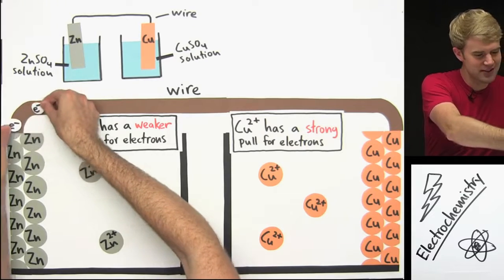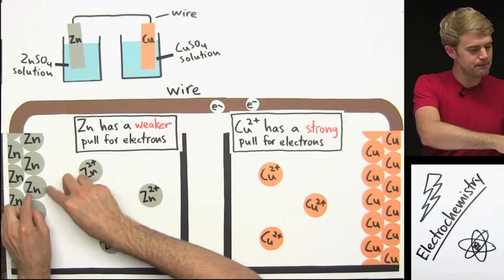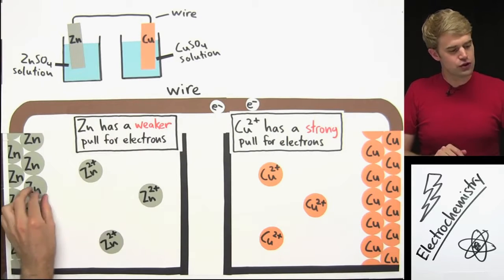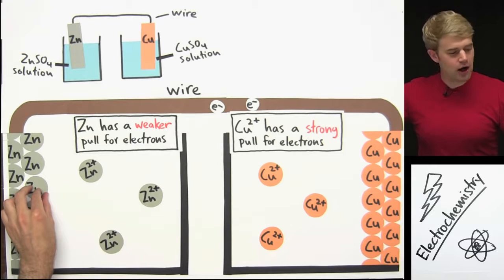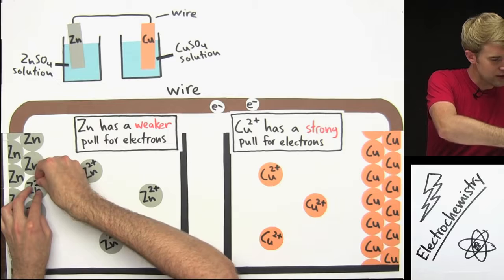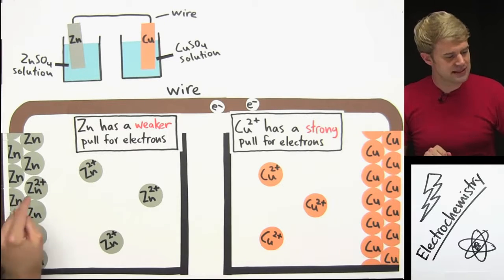And these electrons enter the wire and move towards the copper. Now, when zinc gives away those 2 electrons, it causes its charge to change. It's lost 2 electrons, so it gets a positive charge, and it becomes Zn2+.